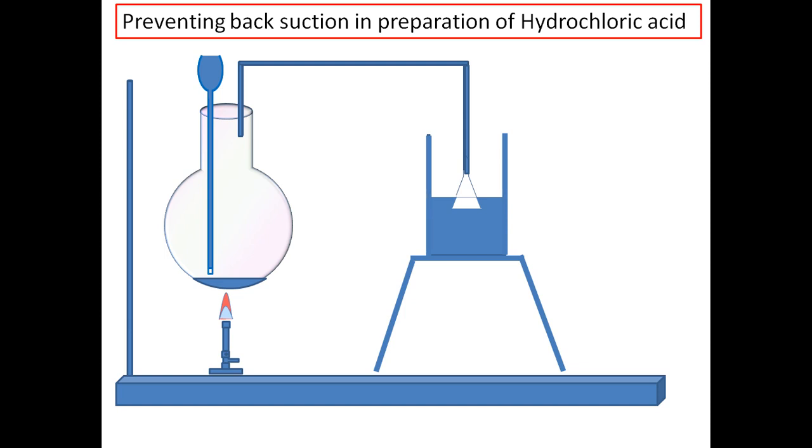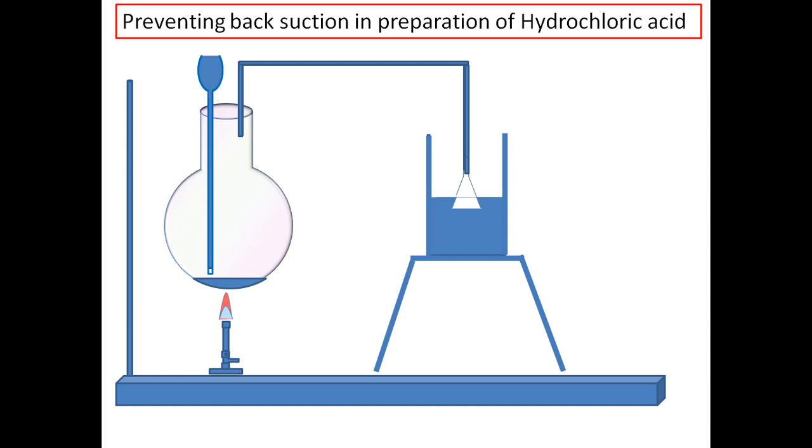This process continues. The water which enters the funnel dissolves the hydrogen chloride gas coming from the round bottom flask and prepares a small amount of hydrochloric acid. This hydrochloric acid can't move further because of its weight and the large volume of the funnel.